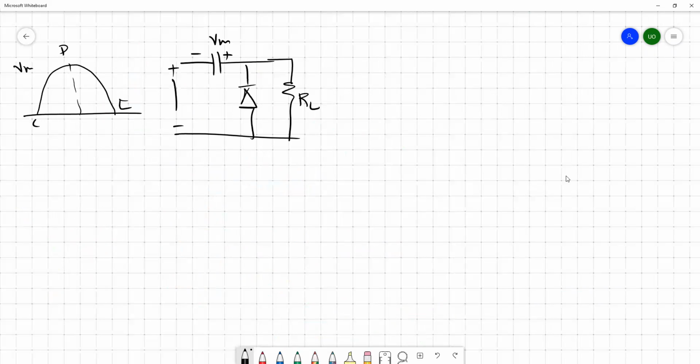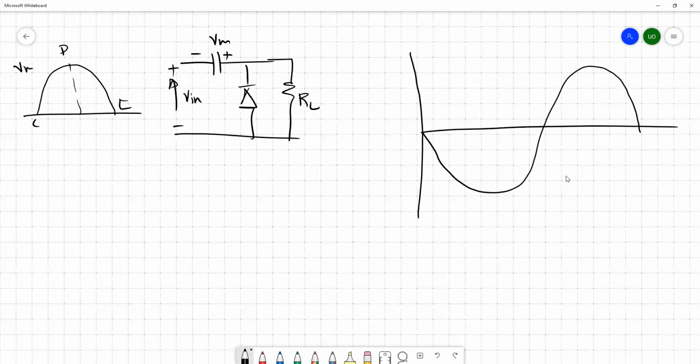Now this is the polarity. This is your input. So we'll mark this. We'll take this block and consider the CD segment.